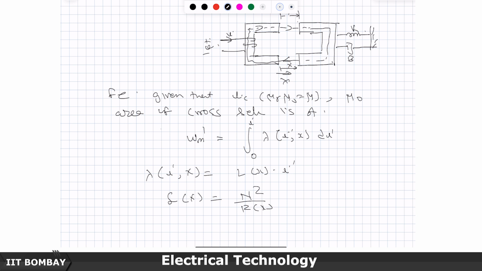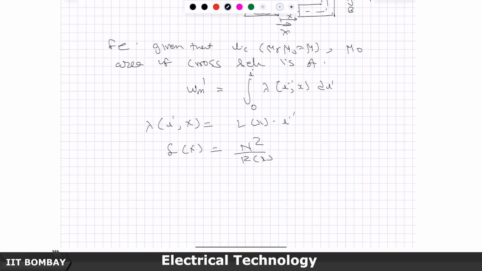Once I know the inductance, I get the flux linkage, then that can be substituted here, and then it can be integrated with respect to I dash.